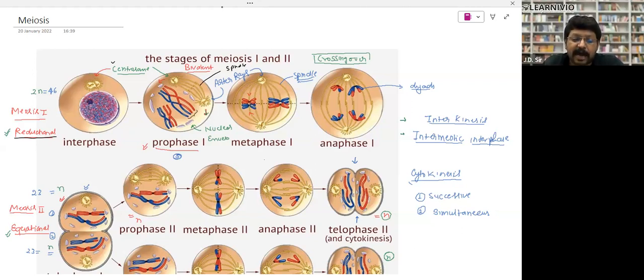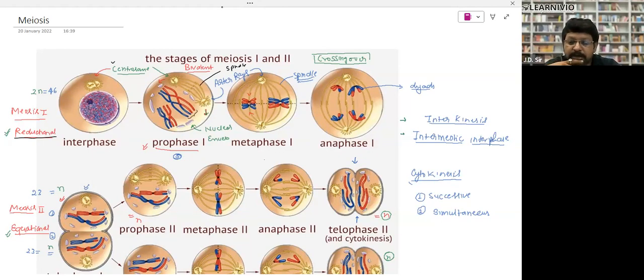Before moving ahead, I want to tell you one thing. You can see here that one type of chromosome is red in color and another is shown in blue, meaning they are not sister chromatids. They are non-sister chromatids, meaning both are different chromosomes. Here in metaphase you can see some parts of the red and blue have exchanged from each other.